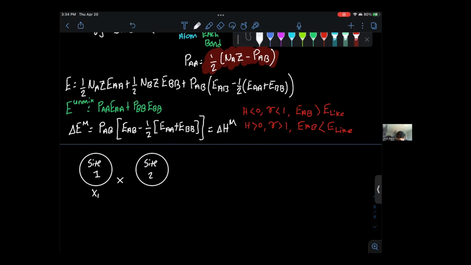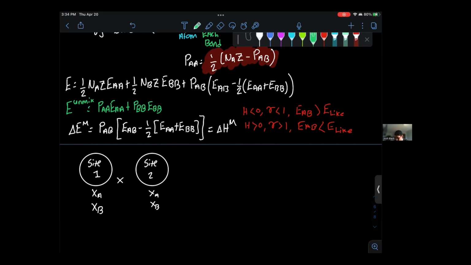Site 1 has XA and XB probability of being occupied by A or occupied by B. If there's a 99% of B, there's a 99% chance of the site being occupied by B. The same thing for site 2. It can be occupied by XA or XB.